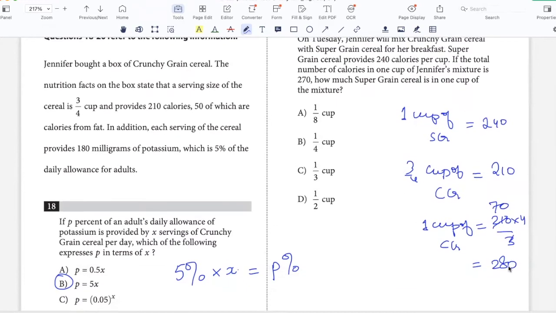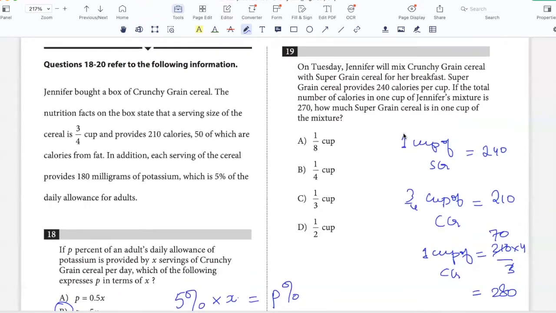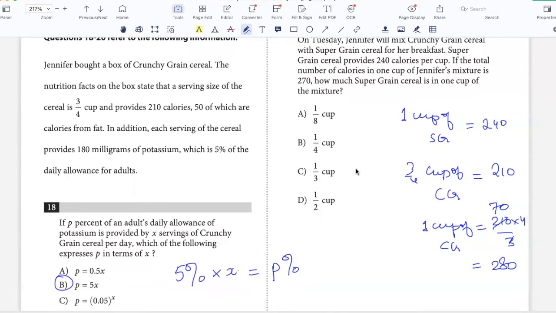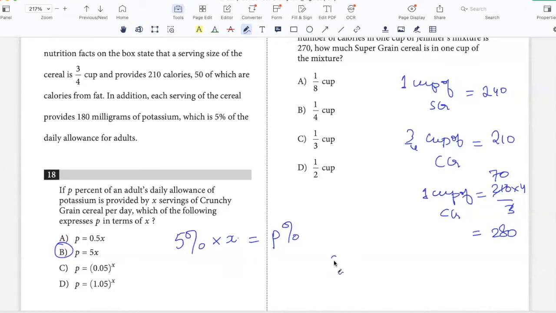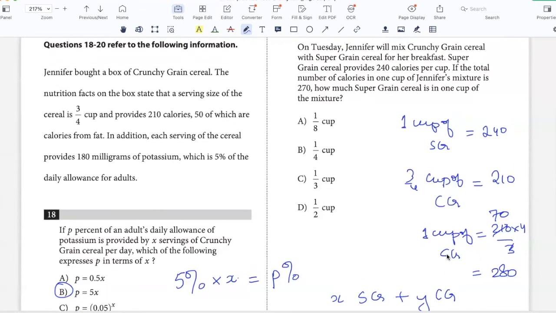Now she has mixed them up in some ratio. So let's say that there is 1 cup, right? Okay, so let's say she has taken X parts of super grain and Y parts of crunchy grain, right? And in the final mixture, the calories is 270.